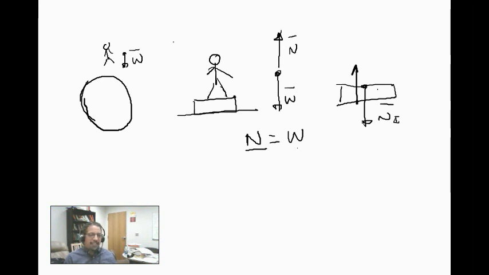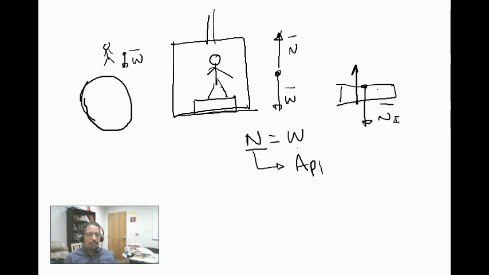However, this changes. So this is your weight, but it is going to change if we, for example, put yourself in an elevator. Now, this normal force that informs us about the weight, we call it the apparent weight. And in the normal case, it's just the weight.